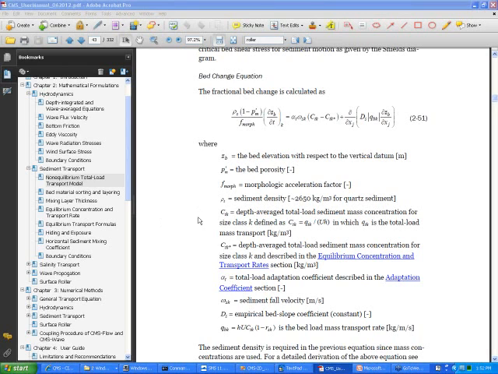Any larger than that, I wouldn't recommend with CMS. We've tried using values of about 50 or 100, and the model just gives really unrealistic results compared to the case where you set it to 1. So I don't recommend using values larger than 20 if you have to use it, but really the CMS is fast enough where you don't have to use it. And then there's another question: how do you account for transport from upslope?